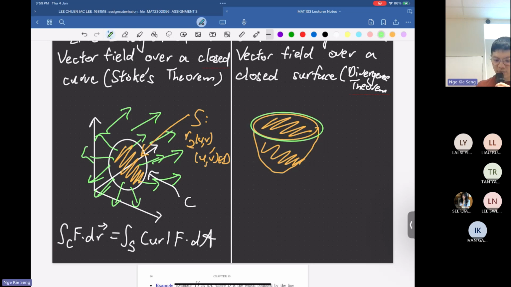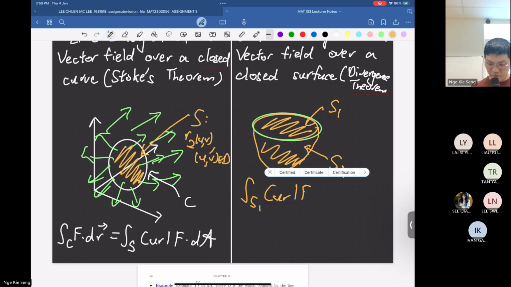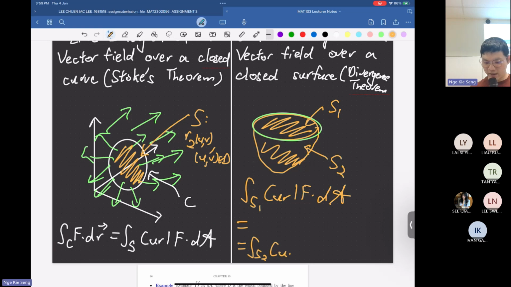Okay, so let me label here S1, S2, right? So the integral over S1 of curl F equals the integral over S2 of curl F dot n. Why?